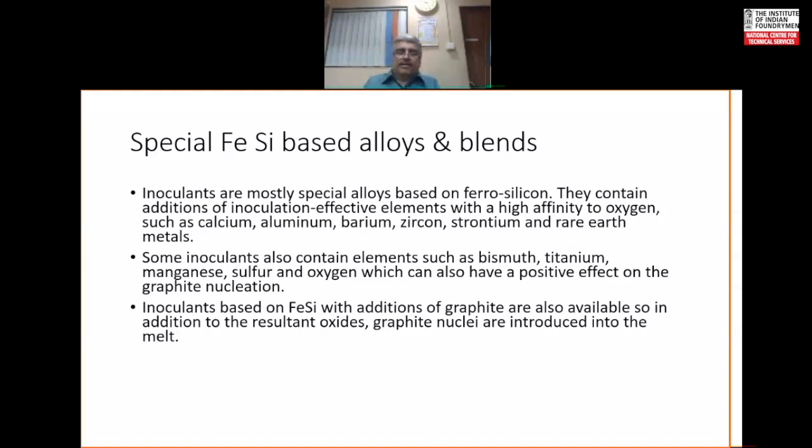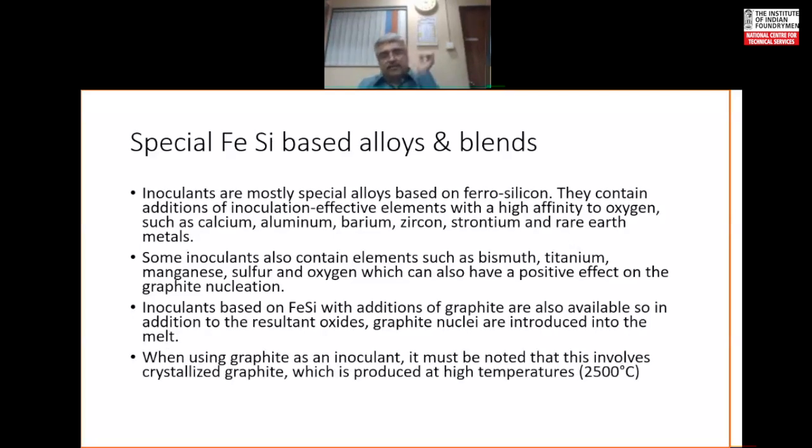Many manufacturers give in their data sheets what these blends are. But as time progressed, we have moved on from using blends because of the inherent problems of variation in the mix that happens with mixes of granules, to what I will call alloy inoculants, which we described in the first bullet.